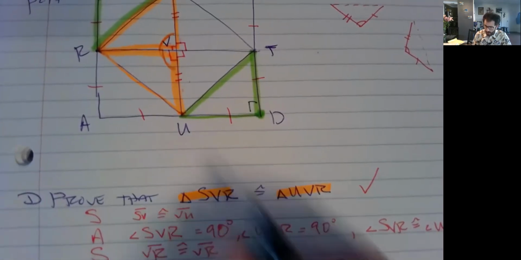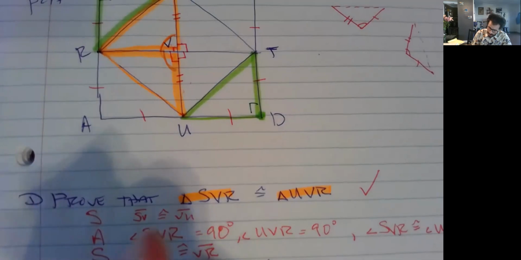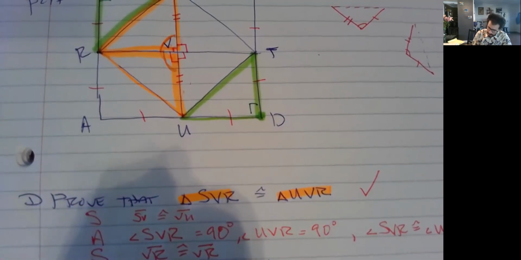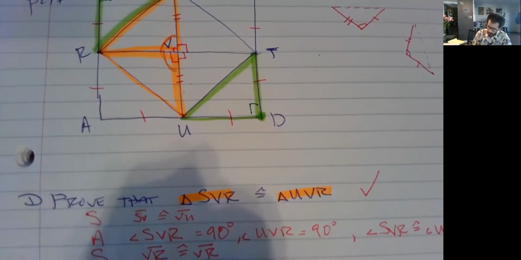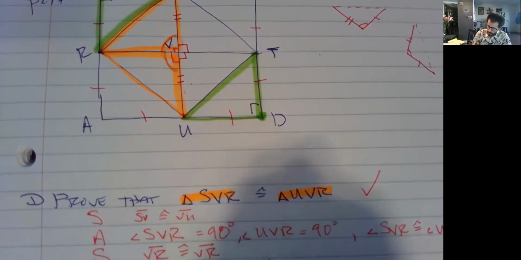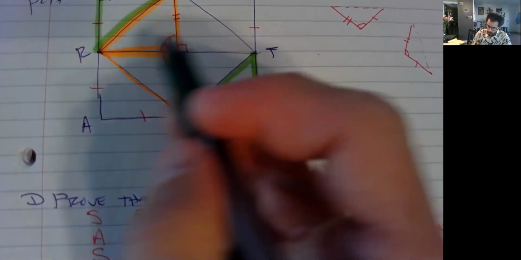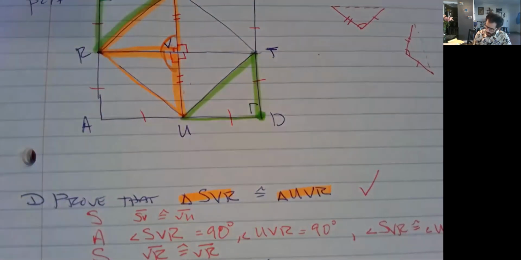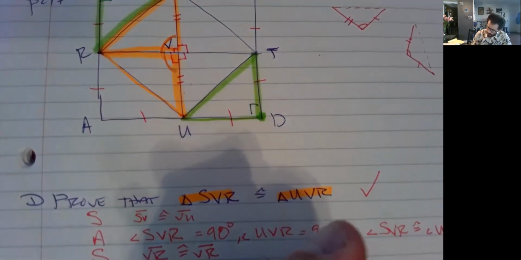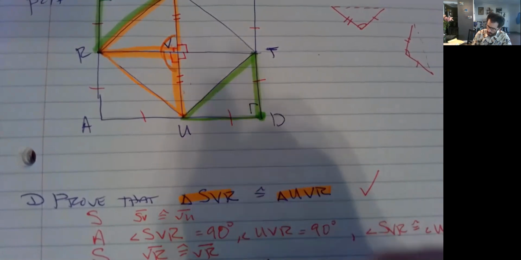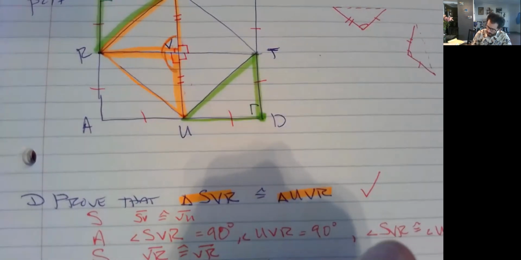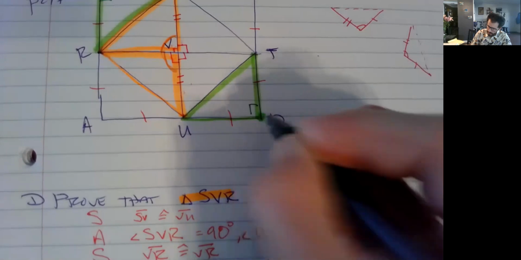Now, angle, well, we said the angle in between. So angle SBR is congruent to, this was a given, what we say, SBR, S pairs up with U, so UDT, because D is in the middle.